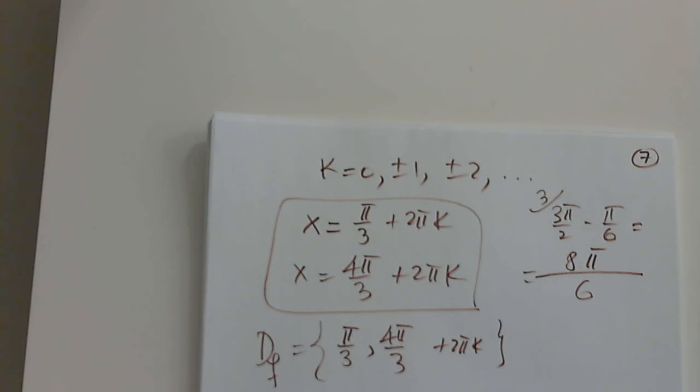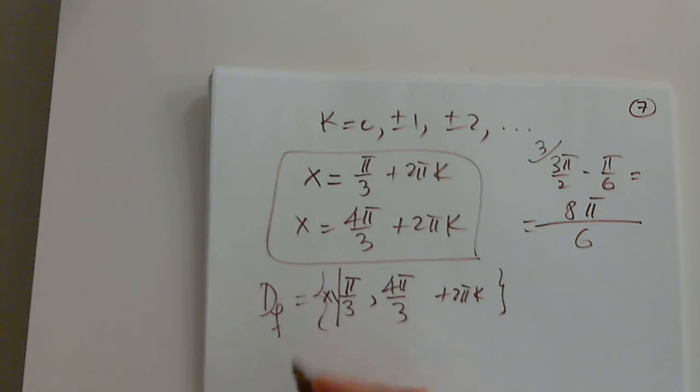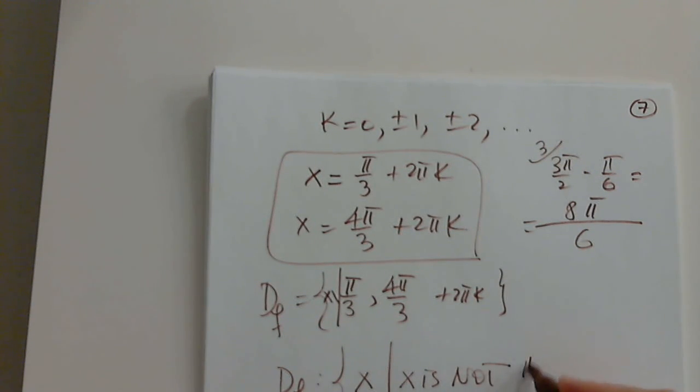Let me write it again. So we write x such that x is not pi over 3 plus 2 pi k, or we can write x not equal to pi over 3 plus 2 pi k, comma, x not equal to 4 pi over 3 plus 2 pi k.